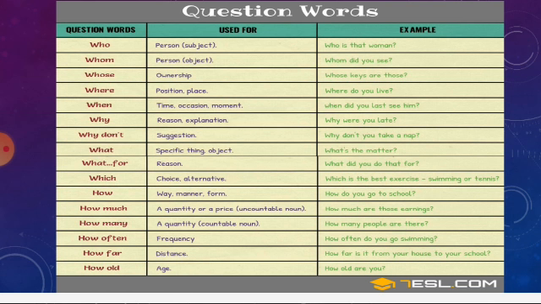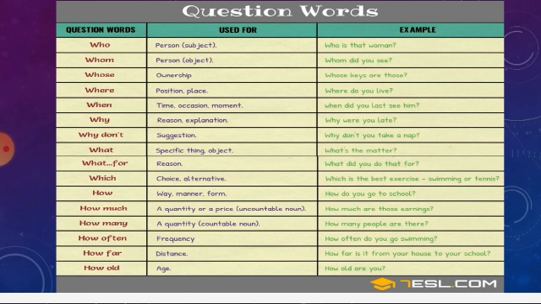Next, whose is asking about ownership. Whose are these keys? Whose turn is it? Whose daughter has won the national award? Next question word that we are going to deal with is where.